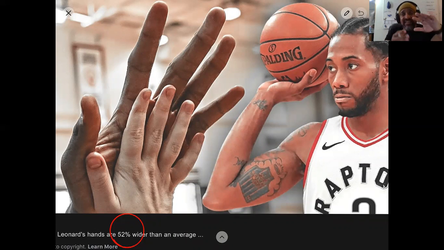Even though he's a tall guy, his hands are still bigger than someone of a corresponding, or average, human size. So he has some really large hands.